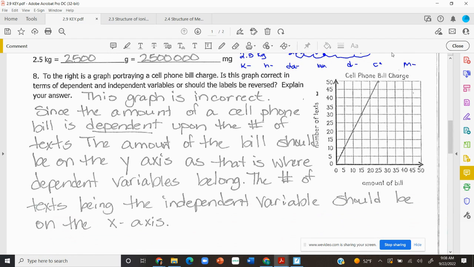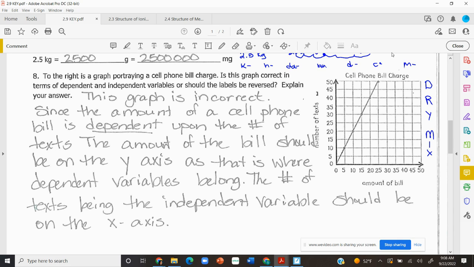Okay, so we've got a graph here. When we look at graphs, remember, you probably talked about which thing goes on which axis. The way I remember what goes where is something called DRY MIX. You're like, what? It works for me.